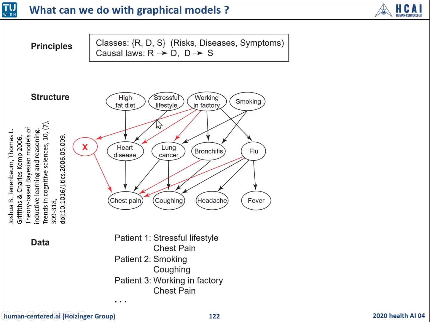The variables fall into 3 classes: risk factors, diseases, symptoms, with causal influences only from risks to diseases and diseases to symptoms. Given a newly observed correlation, for example between working in a factory and chronic chest pain, the graph schema generates a constrained set of hypotheses for how that data might be explained, shown in red here.